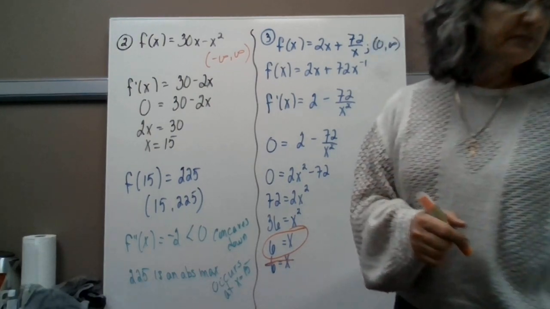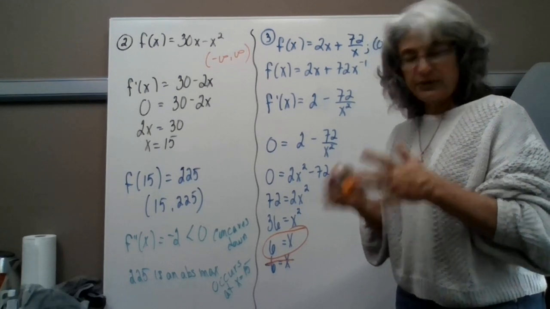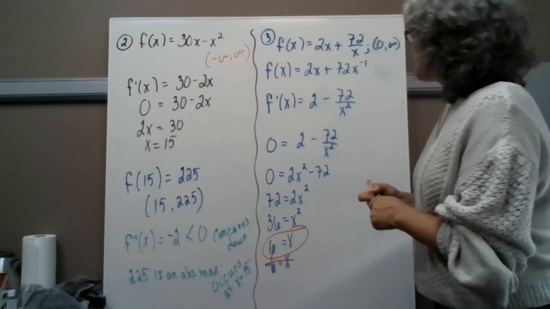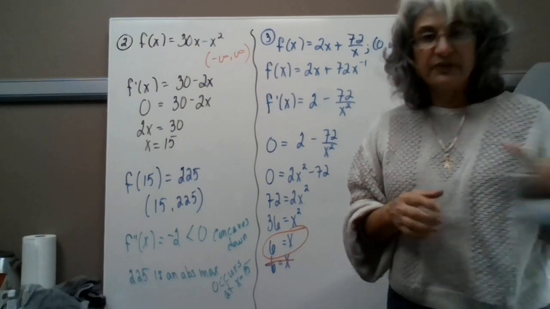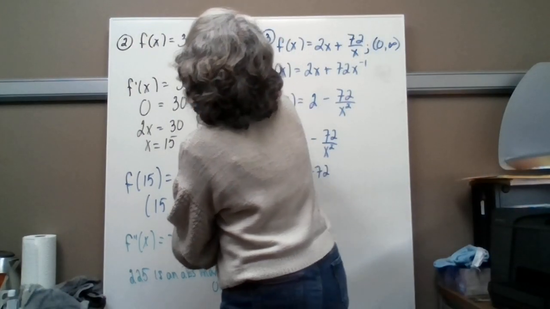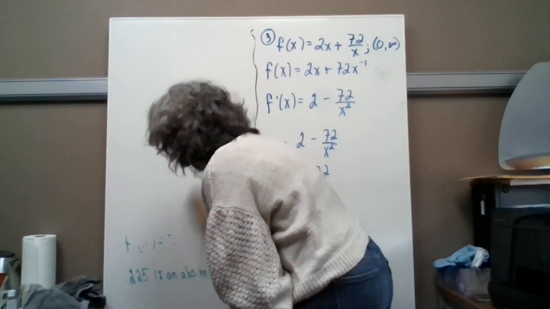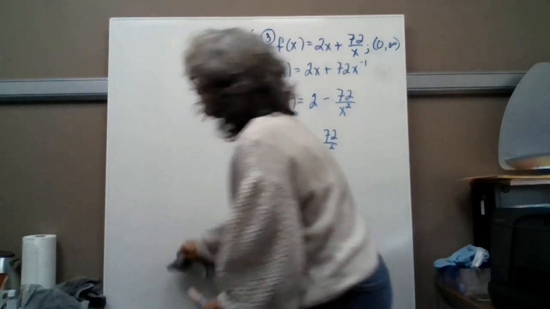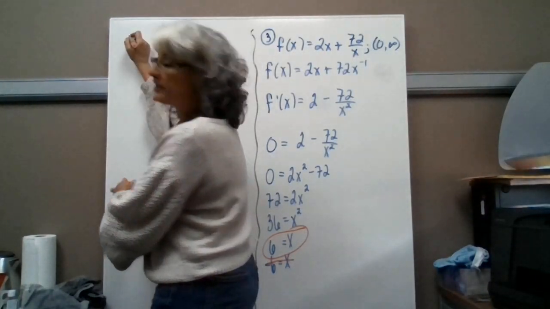Now, I need to plug it in to the original function. So I'm going to give myself a little bit of board space here. Because I need to find the y value.